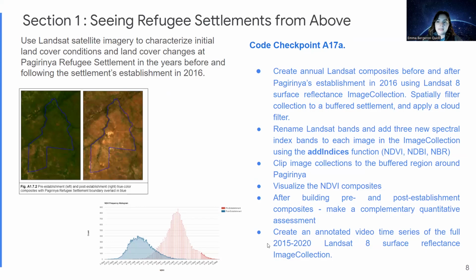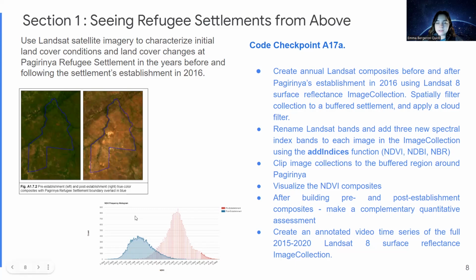And in preparation for the arrival of refugees, humanitarian actors and refugee settlement planners are usually interested in analyzing the local land cover because you want to detect the conditions that are there before a refugee settlement is established. And so in this section, we're going to use the Landsat satellite imagery, like I mentioned, to characterize the initial land cover as one would do before the arrival of refugees.